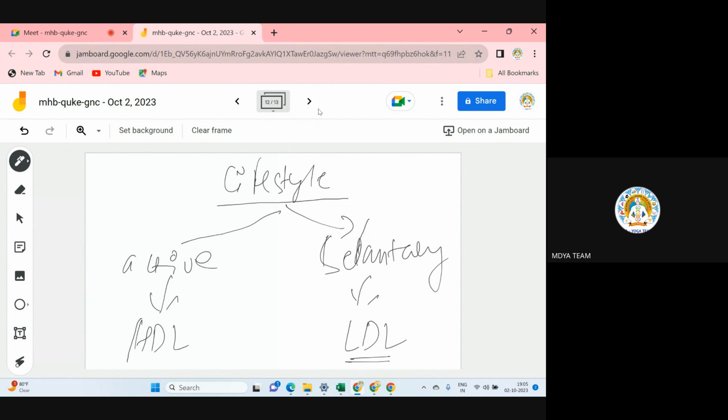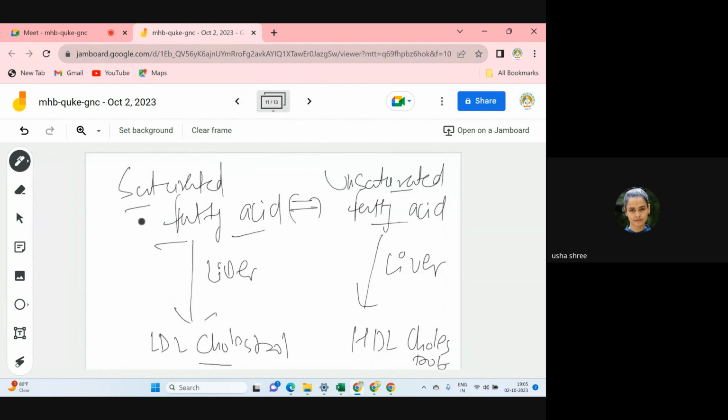The saturated and unsaturated fatty acids in the previous slide, those are created because of the food that we take, right? Yes, this saturated and unsaturated fatty acid is present in our diet. Then how do we say that diet only contributes 20%?